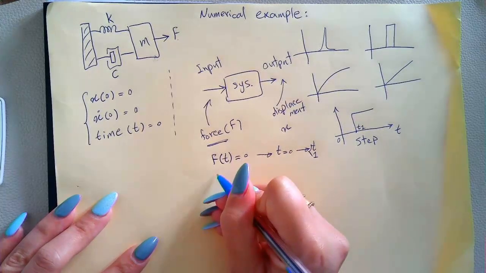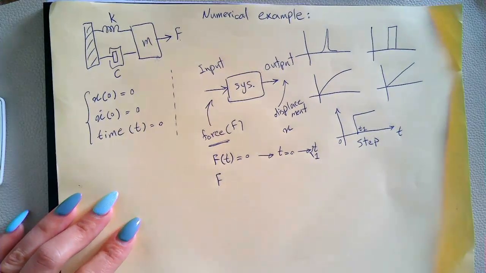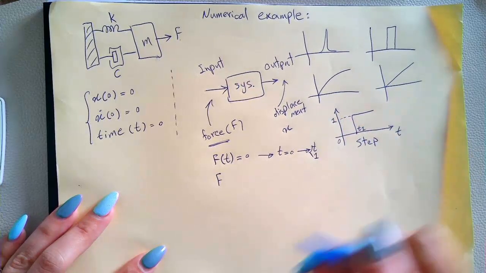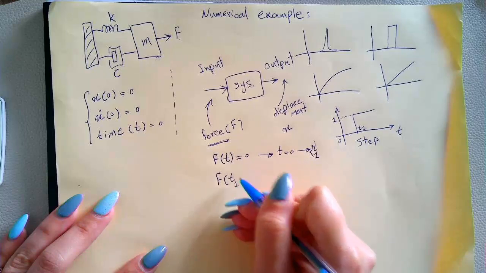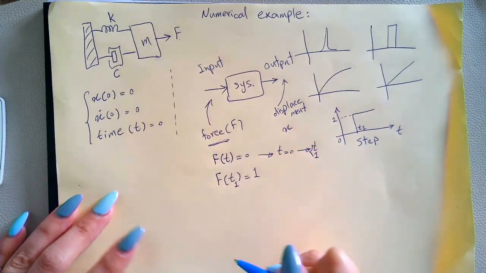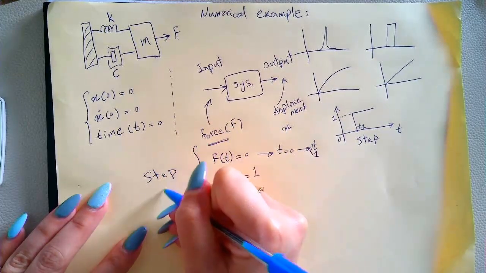And then if we assume that this value here is unit 1, we can say that f of t1 is equal to 1. That defines a step input.